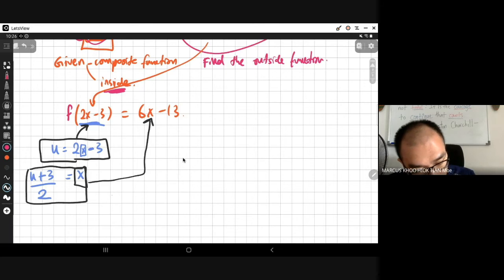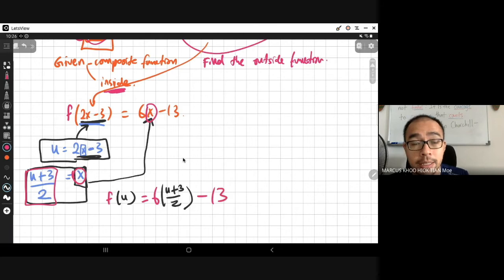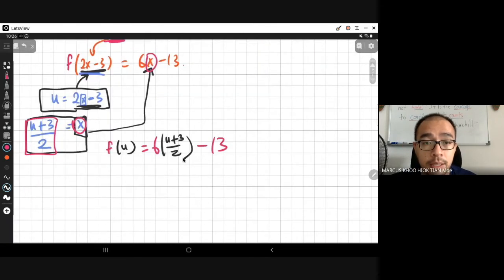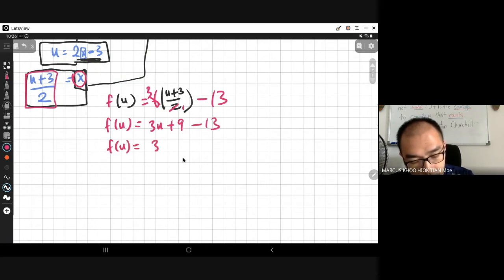So it will be f, and I'm going to put the u inside here, because 2x minus 3 equals u. Then that equals 6, and I'm going to replace the x with this one, u plus 3 over 2, and then minus 13. So what I'm going to get is f(u) equals, this is 3, this is 1, so 3u plus 9 minus 13, which gives us 3u minus 4.